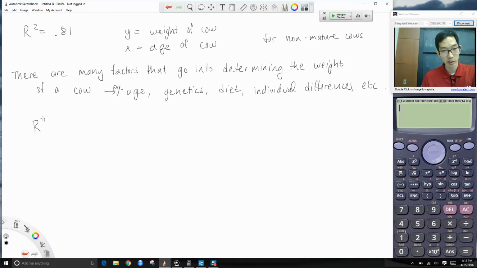R squared equal to 0.81 says that about 81% of the variation in weight.